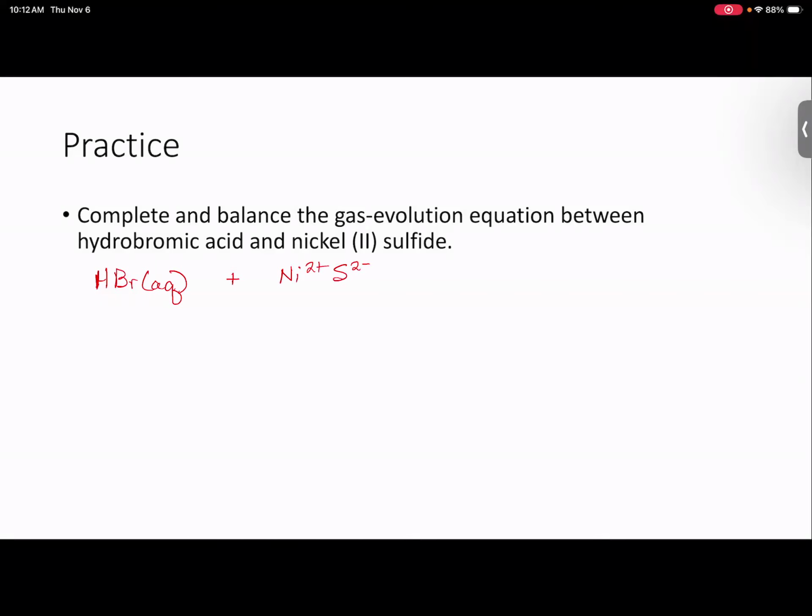So therefore, we're talking NiS. Now, what is the state of matter of NiS? Well, it's an ionic compound. Where do I go for ionic compounds? Solubility rules. If you look at the solubility rules, this is going to be a solid.